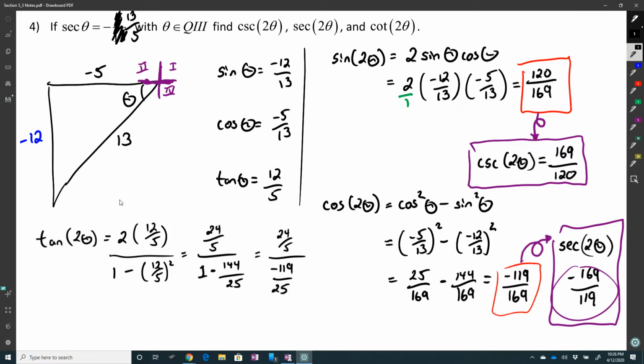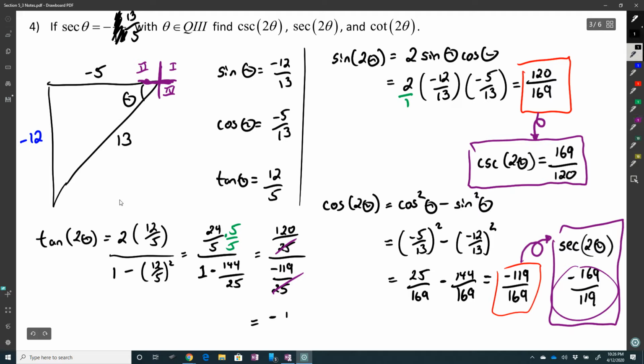And I can fix this. So 24 over 5, I can multiply that by 5 over 5. And that gives me 120 over 125, over 25. And notice that the 25's cancel. Again, you can just type this in your calculator and math bracket. I'm just going over the whole thing.